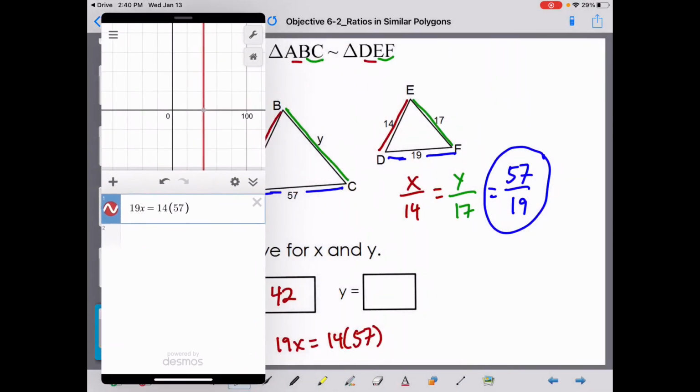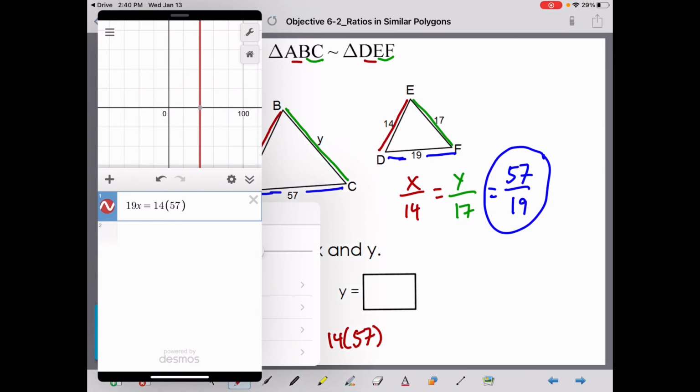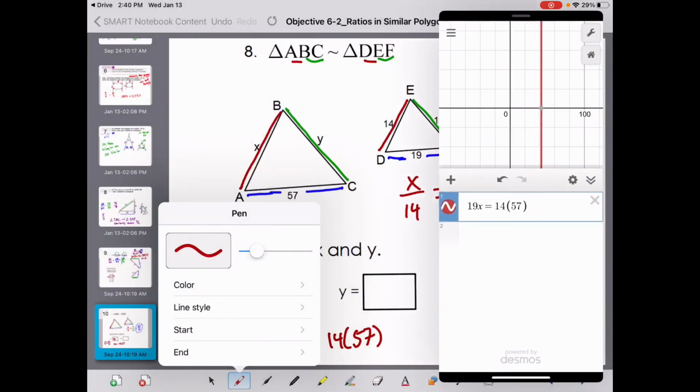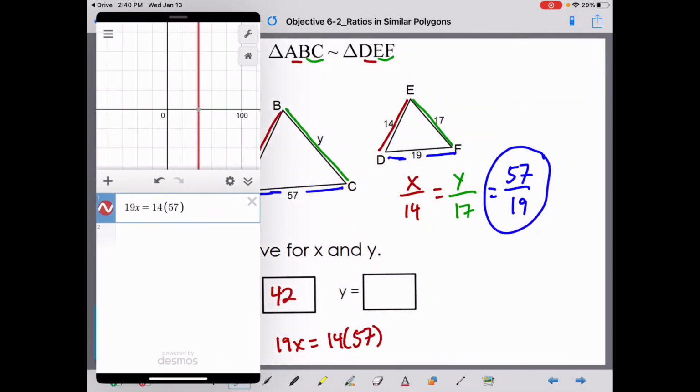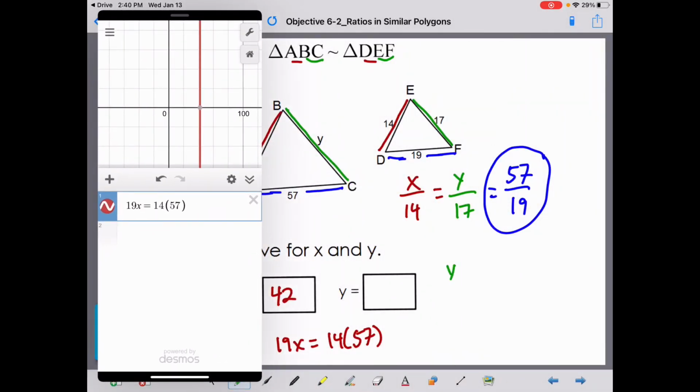All right, next problem. Can't see my colors. Green. I'm going to say y over 17 equals 57 over 19. Cross multiply. 19y equals 17 times 57.